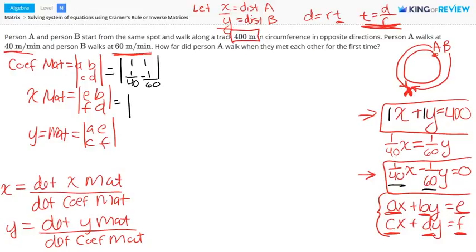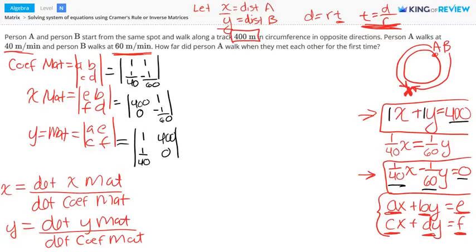Now let's work on the x matrix. It starts with E and F. Those are the constants. So 400 and 0. Then we have B and D. And now for the y matrix. We have A and C, so 1 and 1 over 40. And then we have E and F, so 400 and 0.